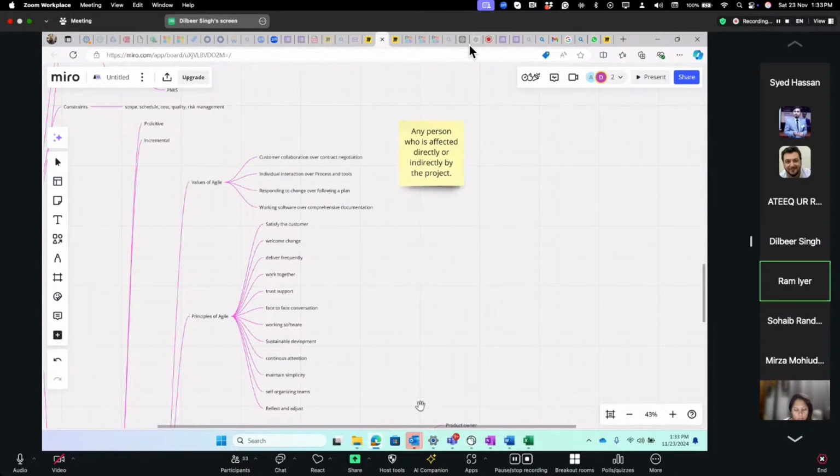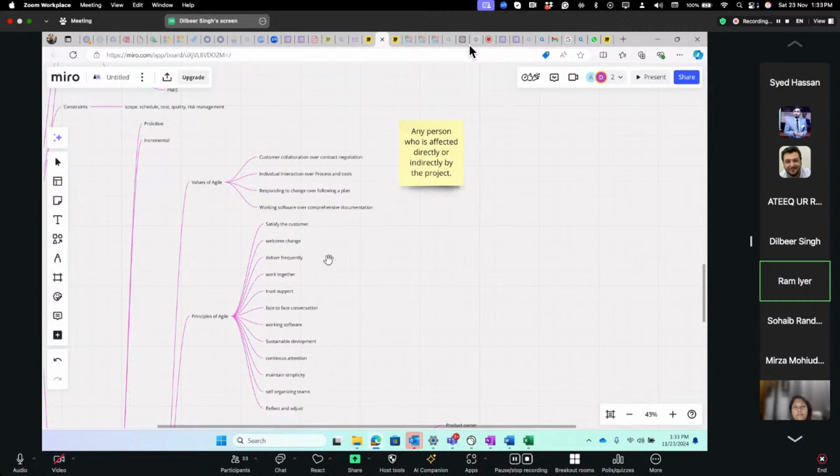So agile is basically a combination of iterative and incremental approaches, and it has 4 values that we'll cover first. Customer collaboration over contract negotiation, individual interaction over processes and tools, responding to change over following a plan, working software over comprehensive documentation.